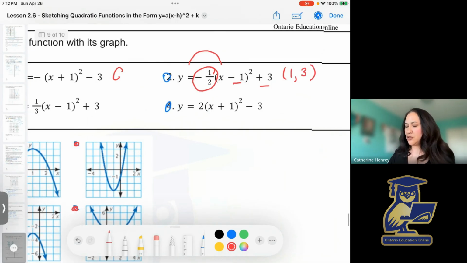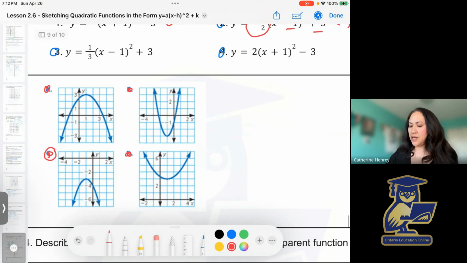So let's go down to our choices. Again, we're looking at something that is opening down and has a vertex of (1, 3), and it looks like it's this one here, A.